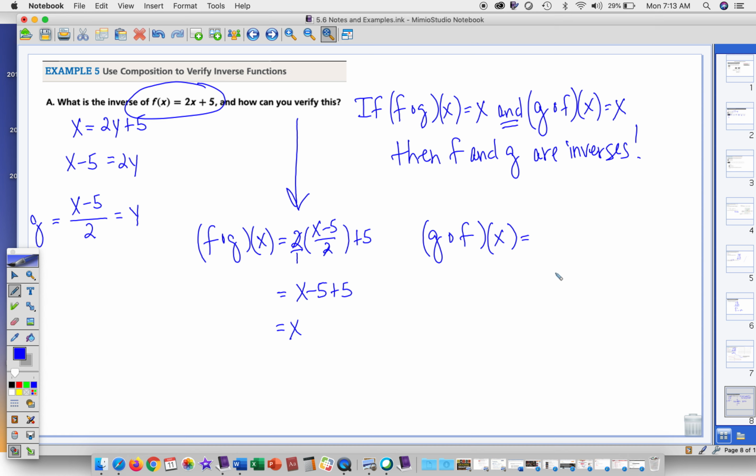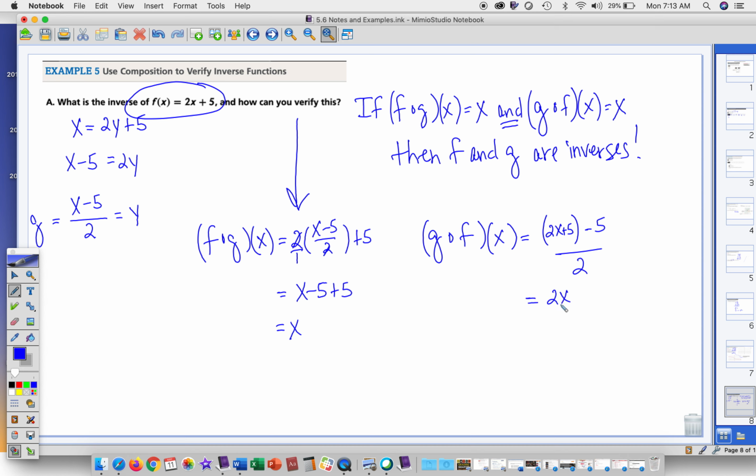So now I'm starting with the g function. That's something minus 5 all over 2. What goes inside the parentheses is the f function, so I'm going to plug the 2x plus 5 in there, and then I can drop the parentheses. So it's 2x plus 5 minus 5.